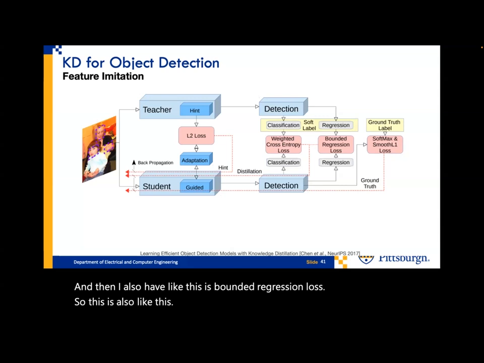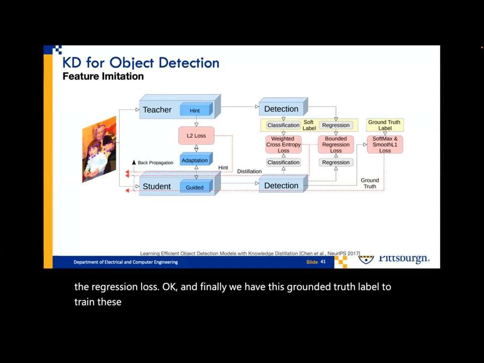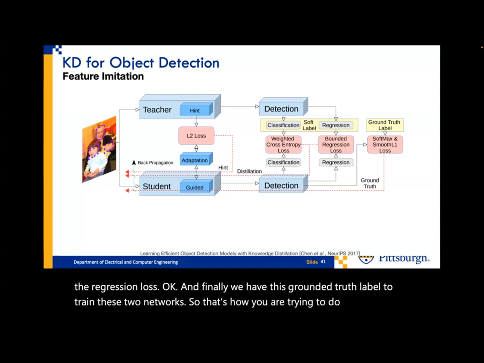So this is the classification task. This is a regression task, trying to match the regression loss. And finally we have this ground truth label to train these two networks. So that's how you are trying to do this for object detection.